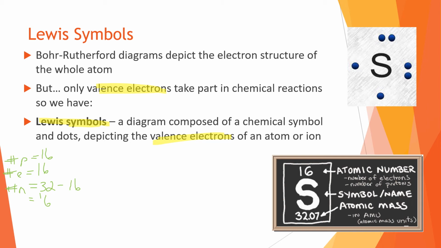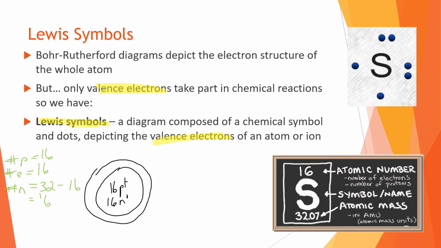So I'm going to put 16 protons and 16 neutrons in the nucleus. Then my first shell holds 2. Then my second shell holds 8, which makes 10 of the 16 electrons. And then my third shell is going to hold the remaining 6.